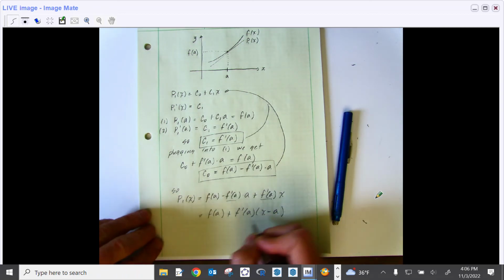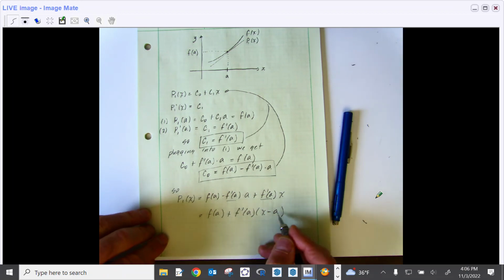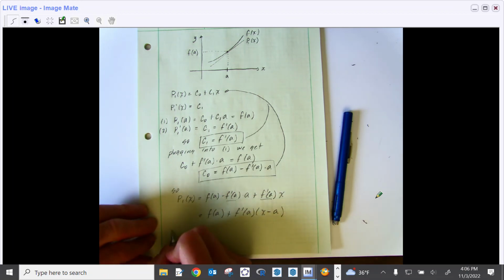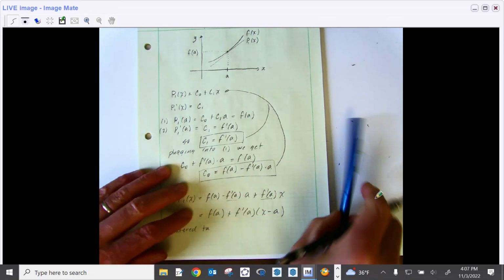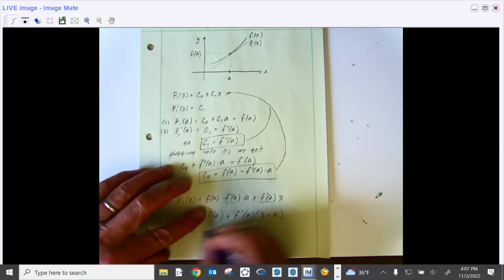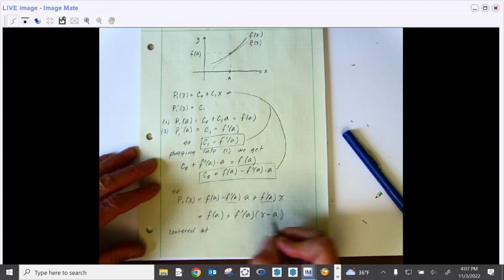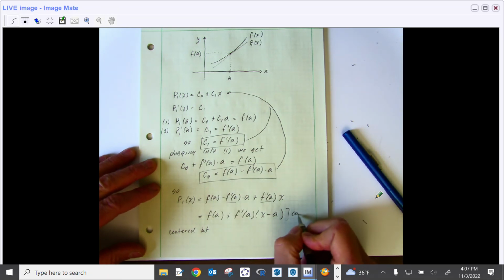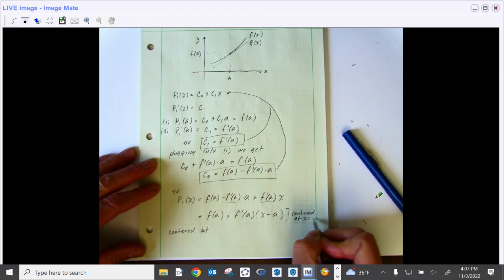So this is the first degree Taylor polynomial centered at x equal to a.